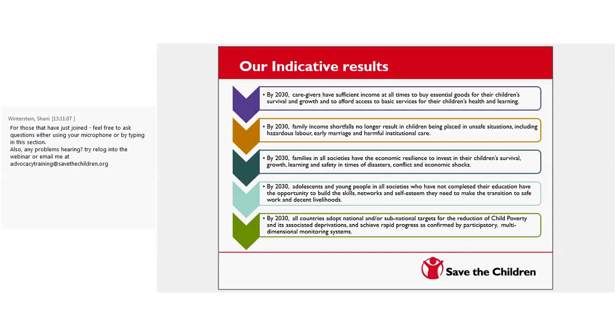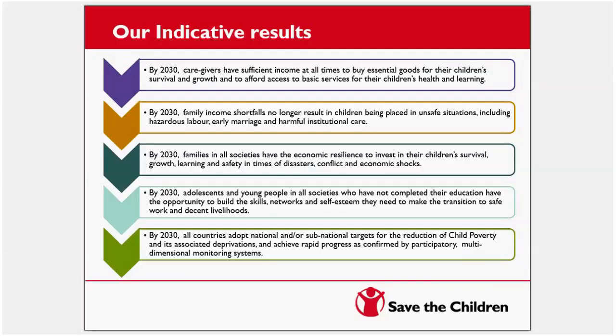The first result is about families having sufficient income at all times so they can afford to buy food and other items that are necessary for their children's well-being. So that's family income. The second one also is about family income from the perspective that families shouldn't be so absolutely poor or destitute that they have to place their kids in harmful situations.